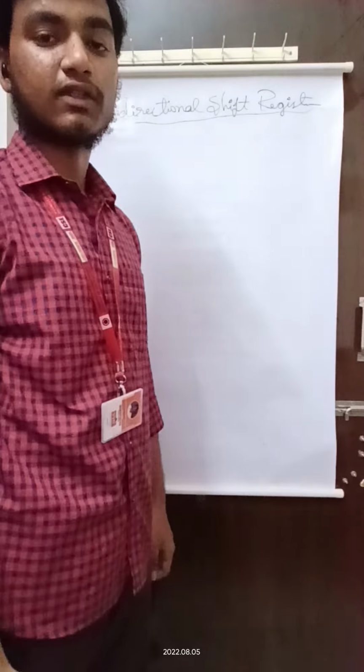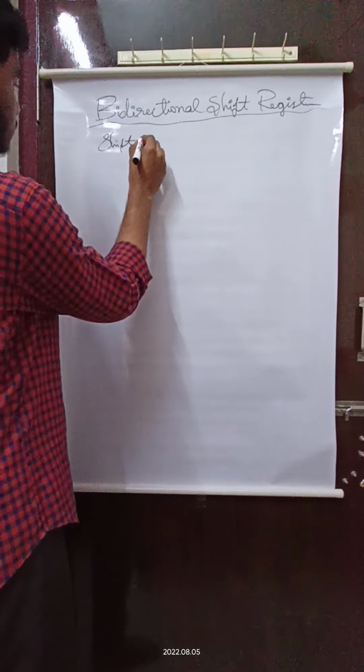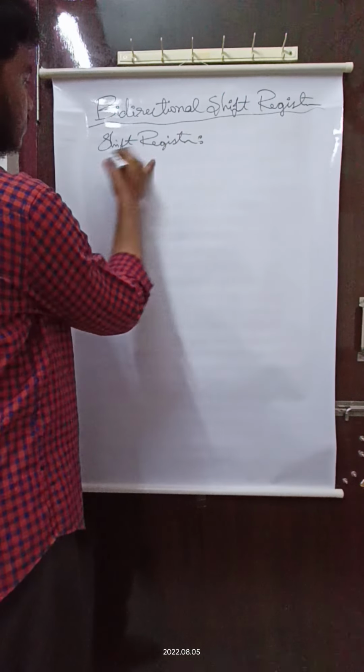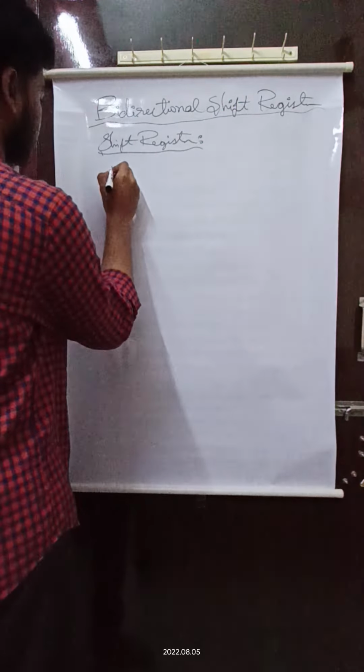Before going to see what is a bidirectional shift register, let us know what is a shift register. A shift register is an electronic device which transfers the data, and it is of three types.